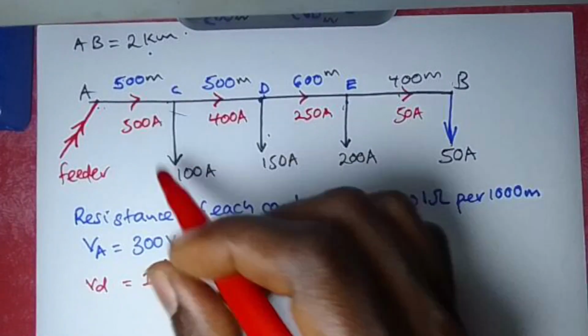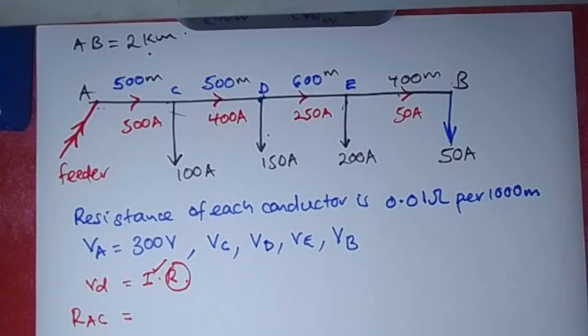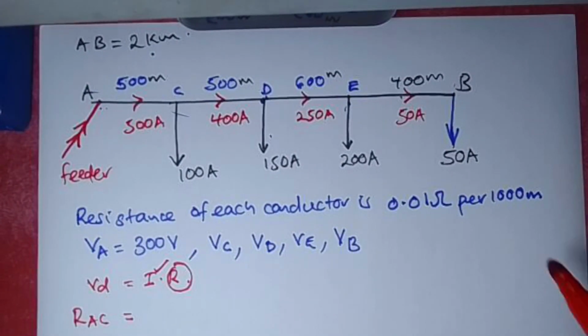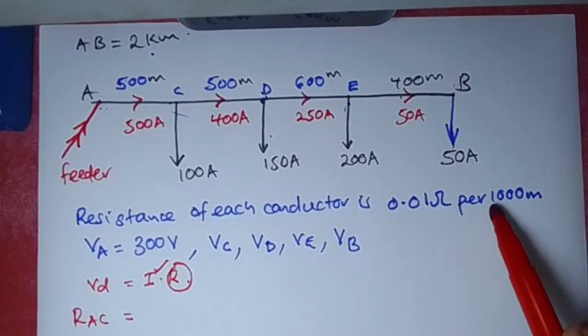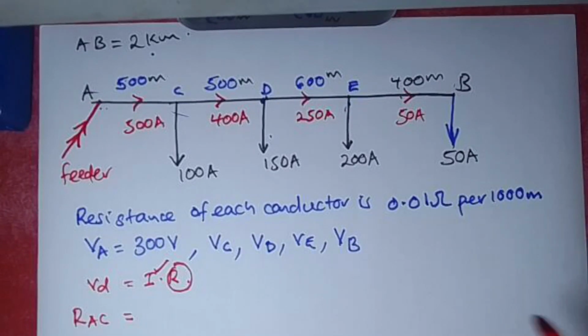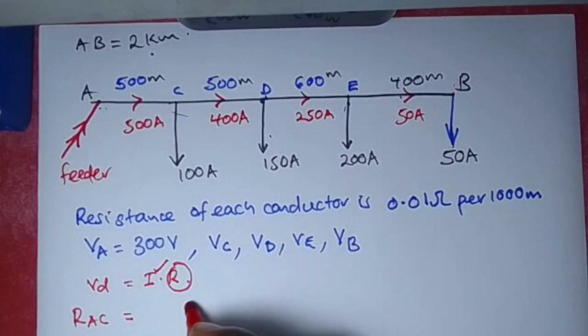So we can calculate the resistance across section SC. You know that the resistance given to us is per 1,000 meters. So that will be that resistance given, which is 0.01 per 1,000 meters.